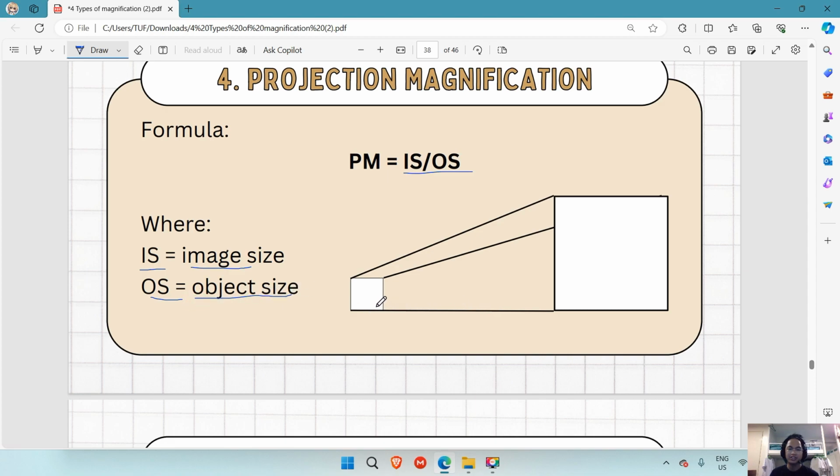So, based from this diagram, which one is the image size and which is the object size?